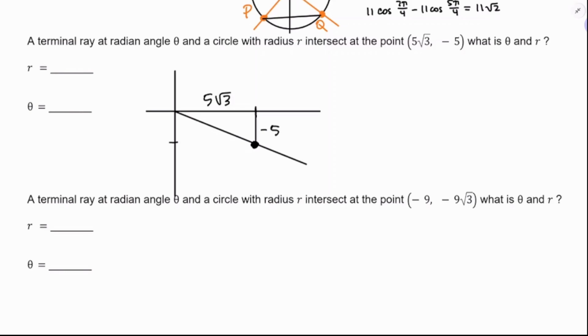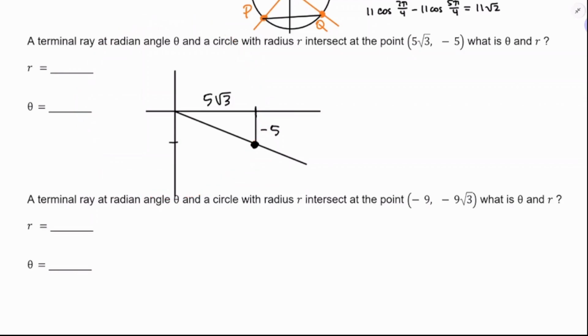The legs of this triangle I'm working with are 5 root 3 and negative 5. So I've got to figure out what the hypotenuse is, because that will be the radius of the circle. There's a circle out there with that radius, and I just need to find it by finding the hypotenuse of the triangle.